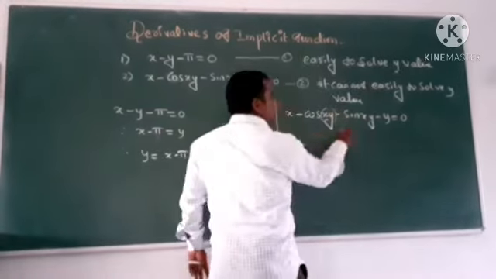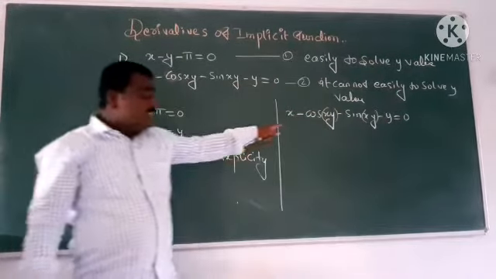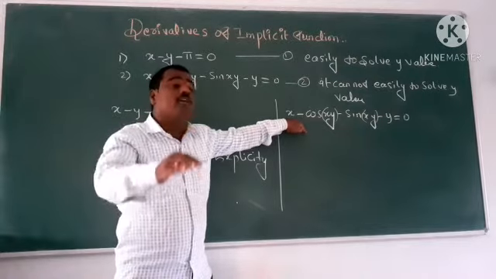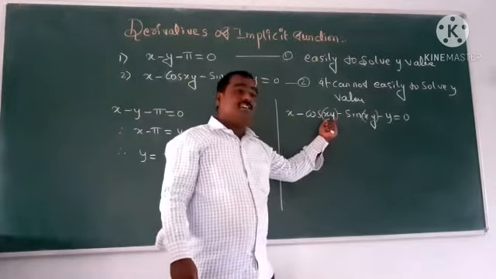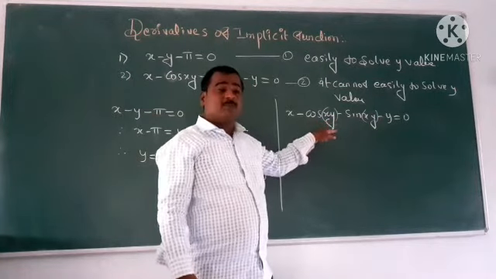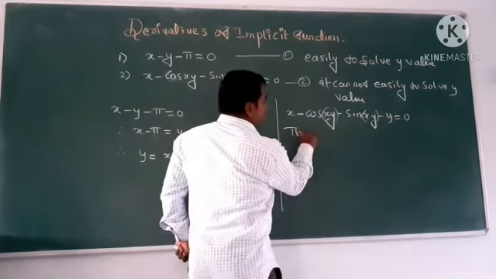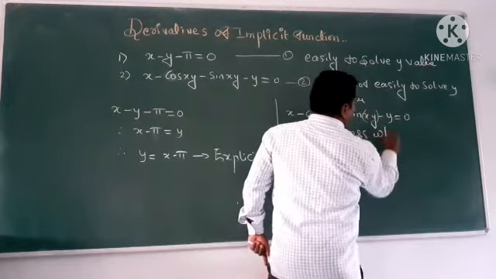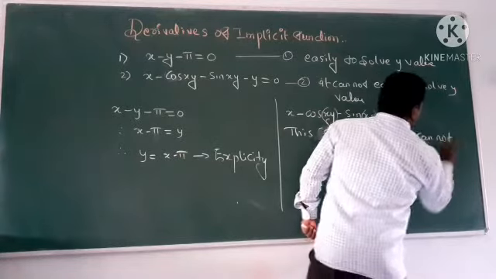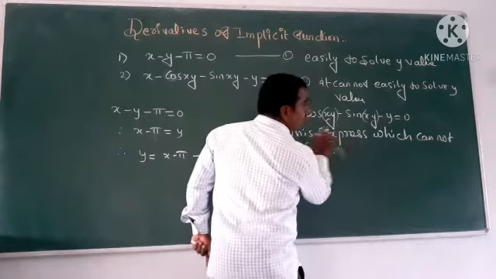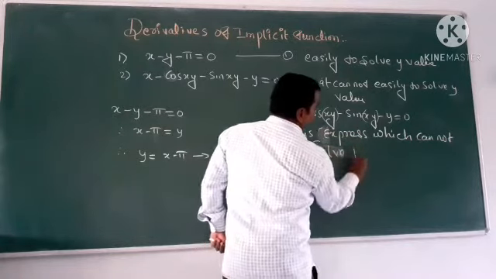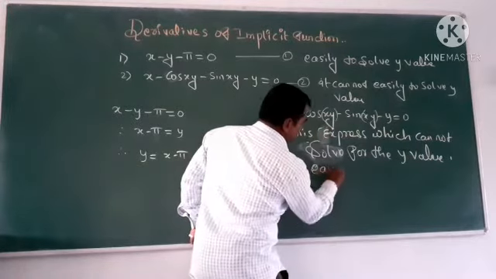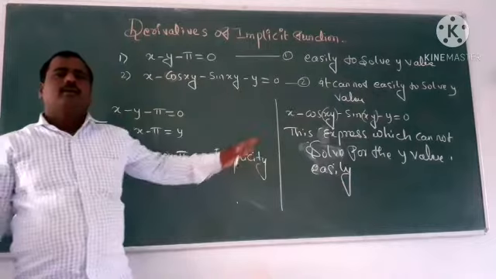In this equation, this expression, y cannot be expressed properly, because of the trigonometric function along with it. This expression cannot be solved for the y value easily. Hence it is called implicit.